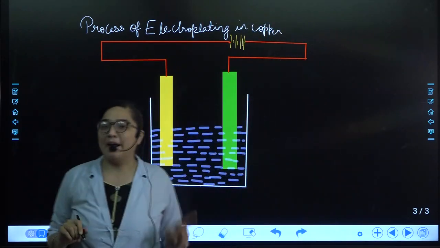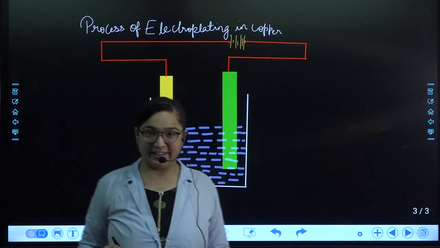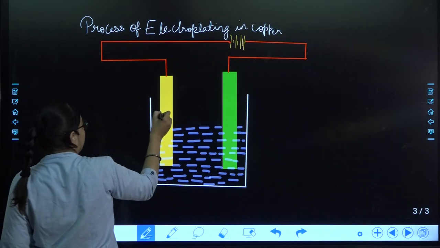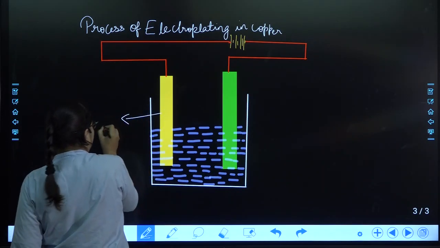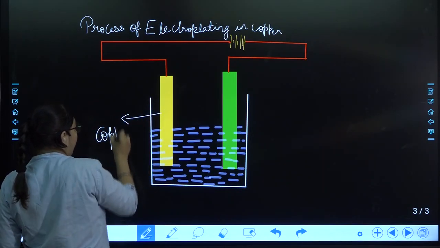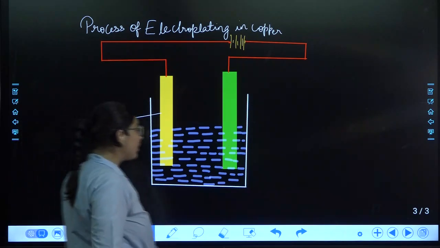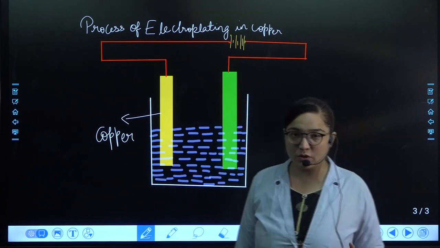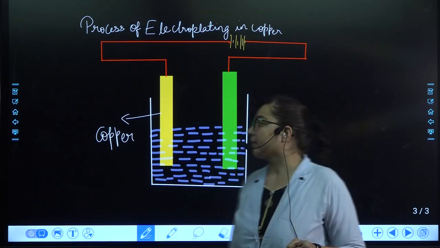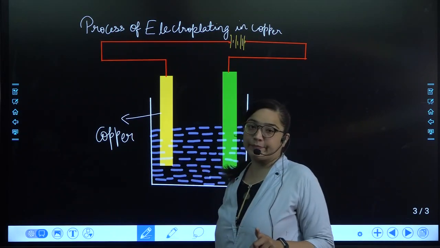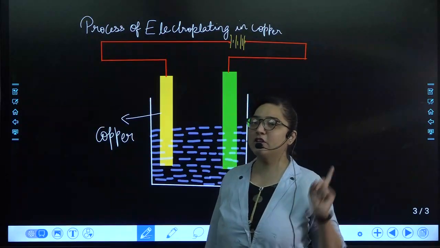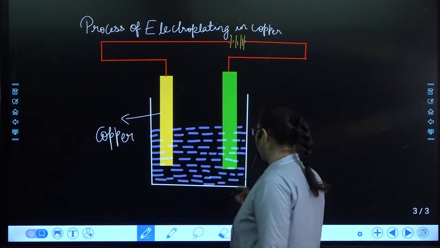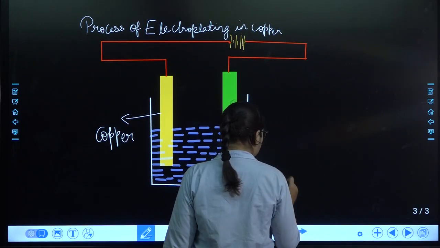Then the metal which needs to be plated is connected with the anode. So here we will have copper. In the solution also we will take the salt of the metal which is to be plated. So any salt of copper will do. Let us take an example that we are taking CuSO4.